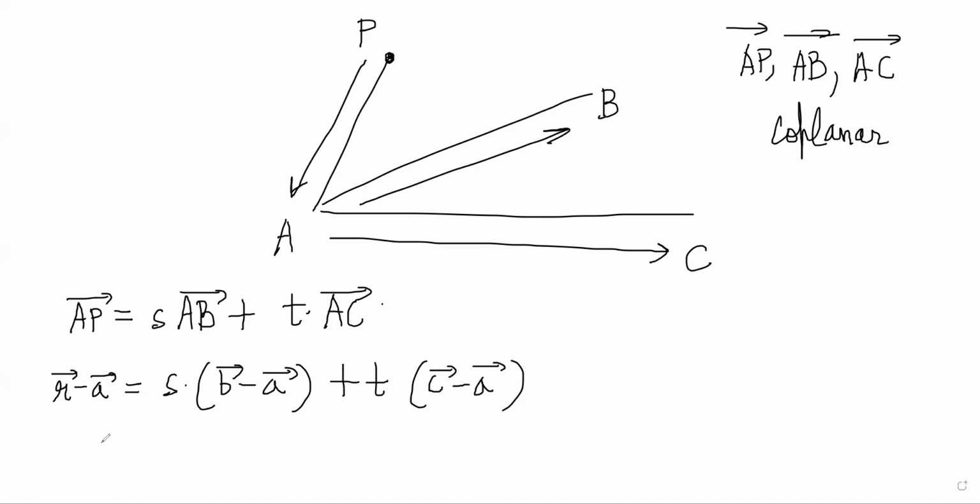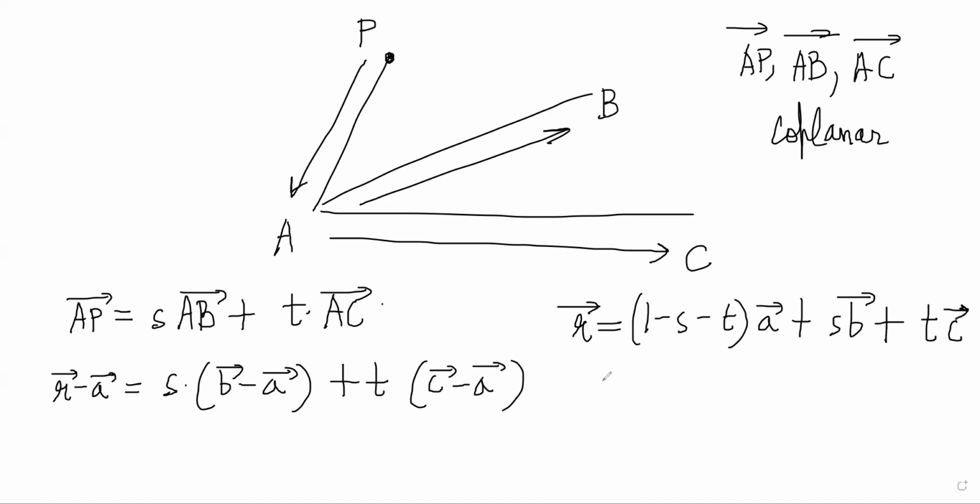So simplifying this, what you will end up getting is R vector is equal to 1 minus S minus T times A vector plus S times B vector plus T times C vector. So that becomes the equation of a plane passing through three given points.